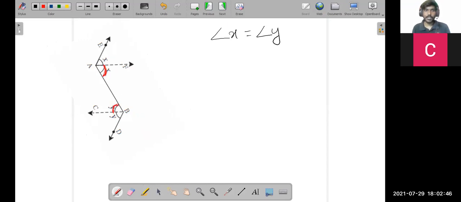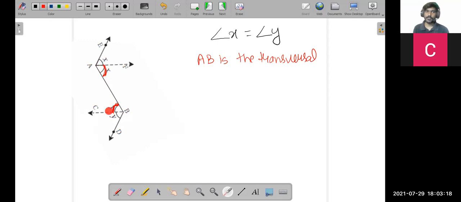But one thing we know, that we have proved that angle X and angle Y are equal to each other. So I'll just write here, AB is the transversal. Since these two angles are equal, what will it mean?